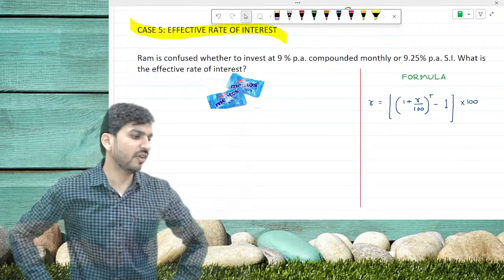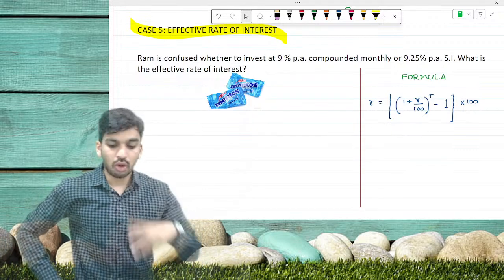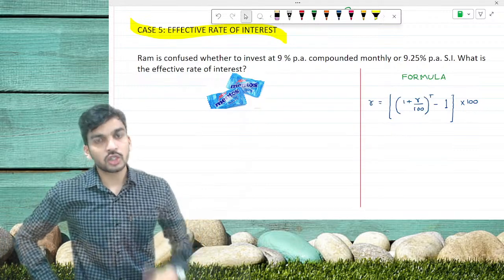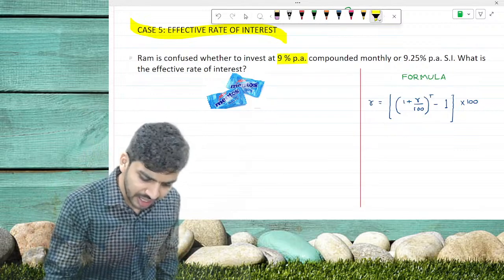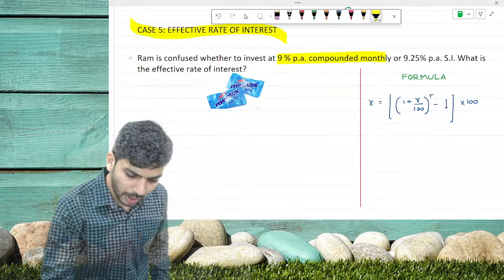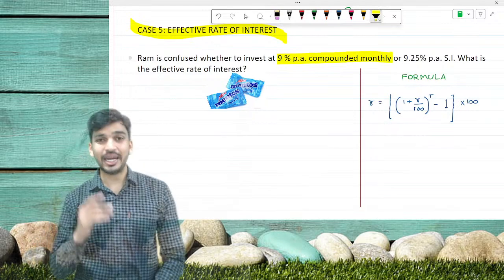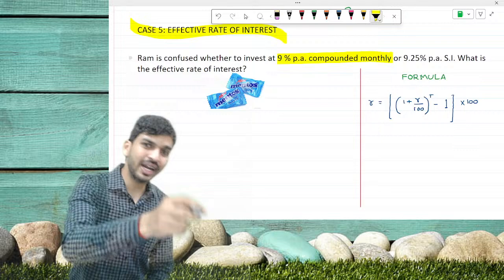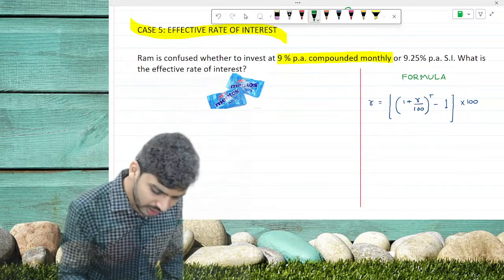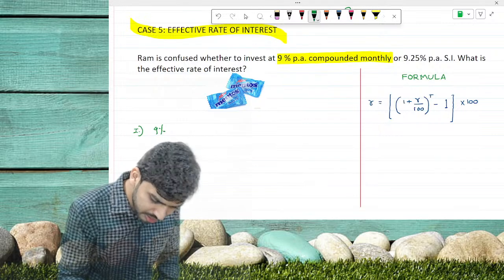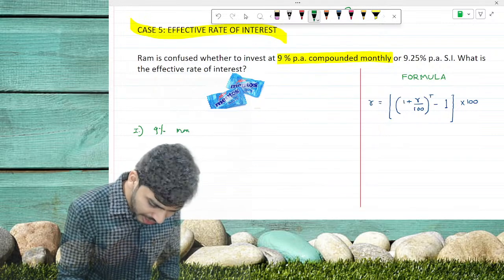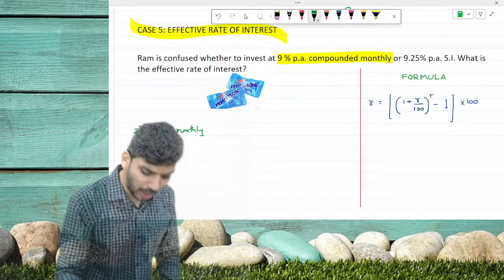So how should we find out? Firstly, we are going to focus only on this part, 9% compounded monthly. So in case number 1, it is 9% monthly and it is compound interest.